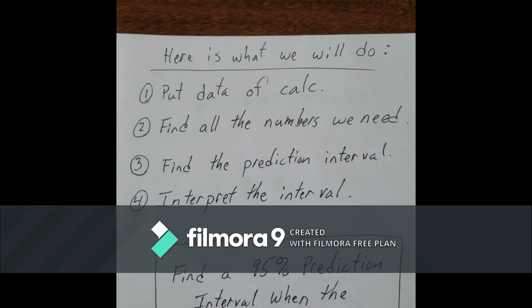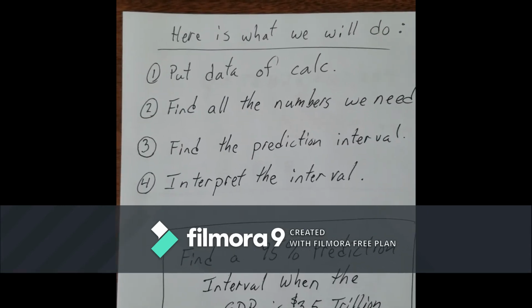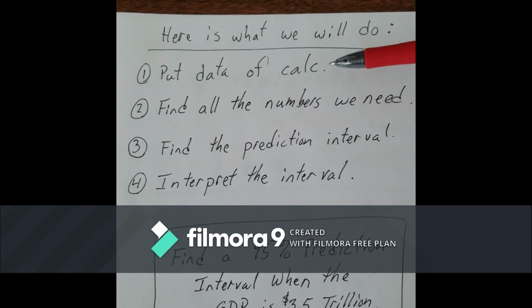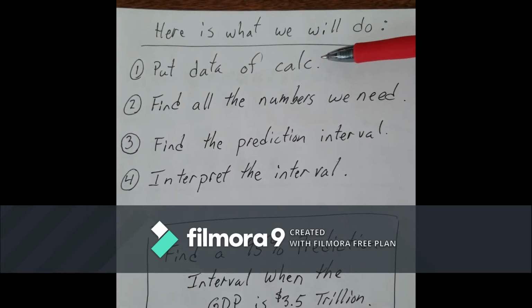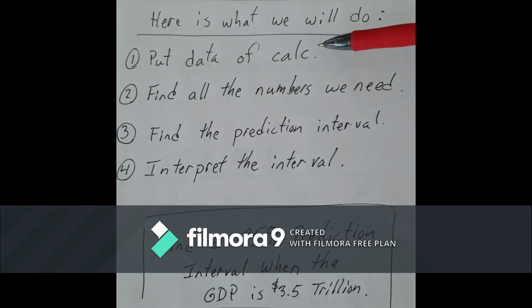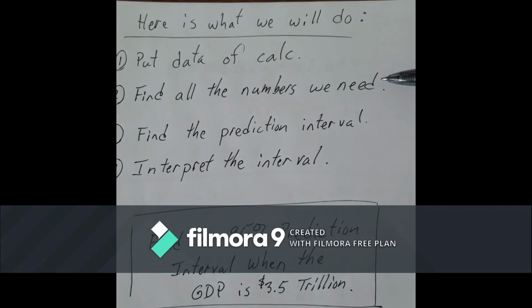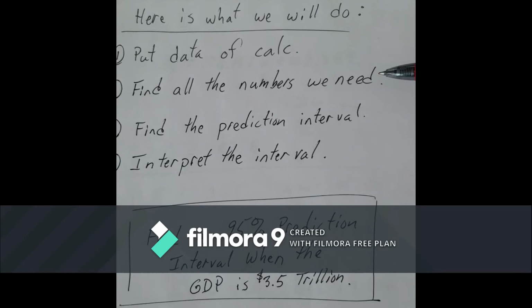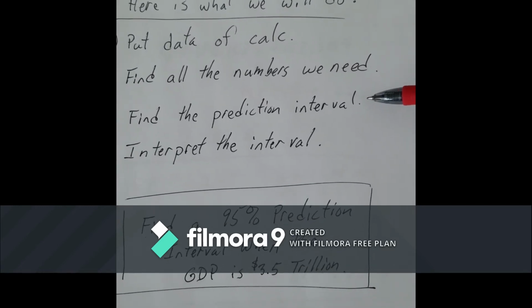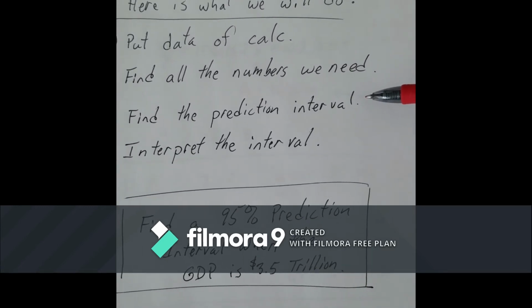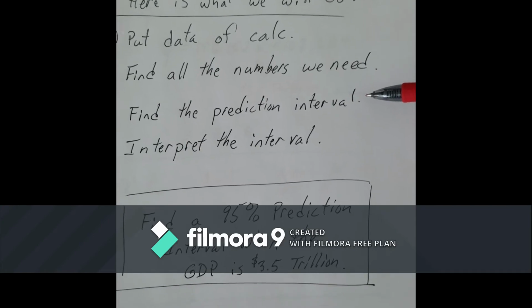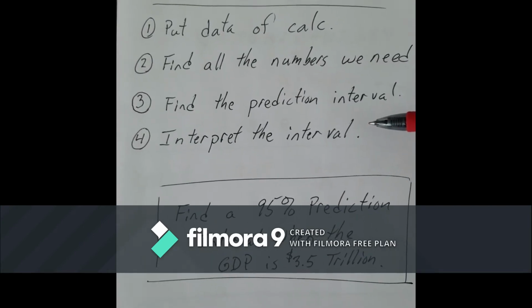Next, we're going to find that prediction interval. To do that, we're going to put the data on the calculator. Well, I've already done that, and you might have already done that. Find the numbers we need for that formula. Find the prediction interval by adding and subtracting the margin of error from the point estimate, and then we'll interpret the interval.